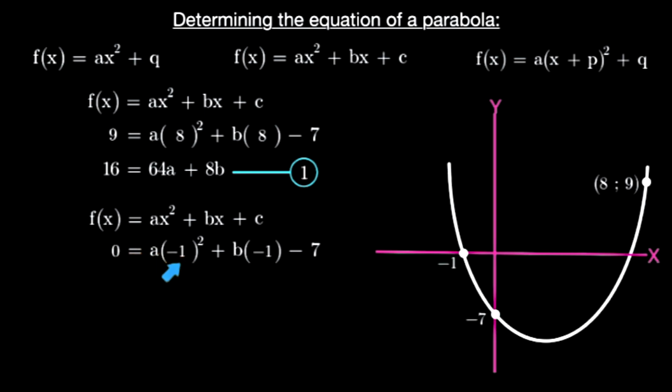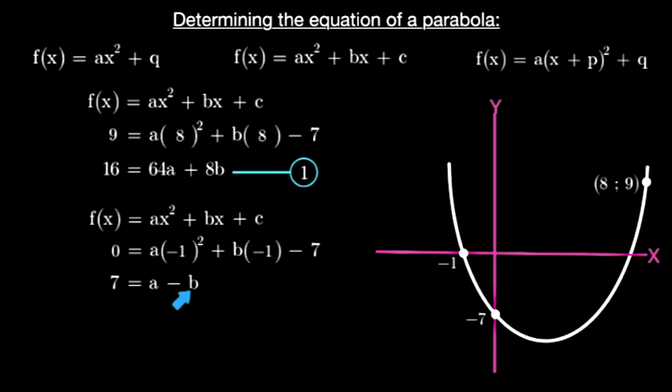Now we can do the math. -1 to the power of 2 is 1, and 1 times a is a. And -1 times a positive b is -b, and then I take this -7 to the other side, and it becomes +7, and 0 plus 7 is 7.